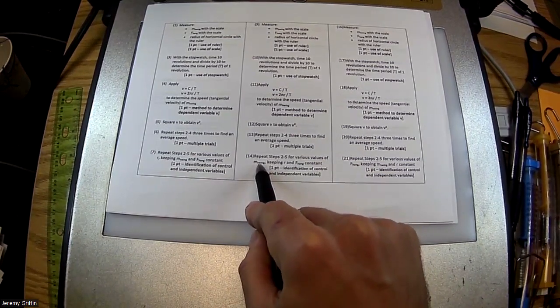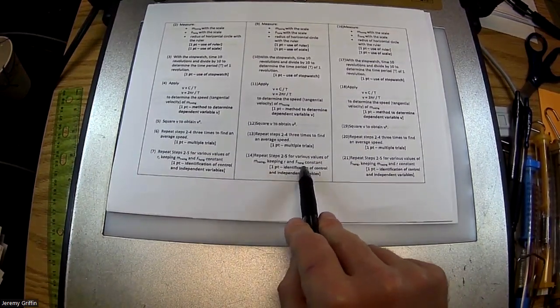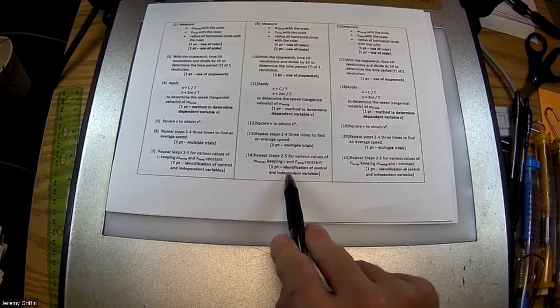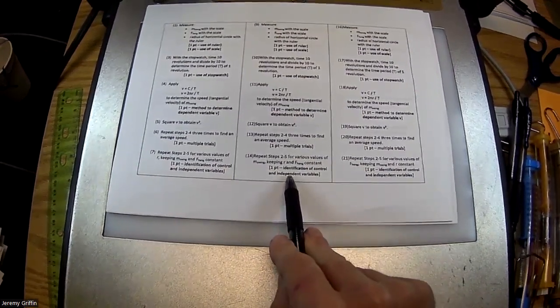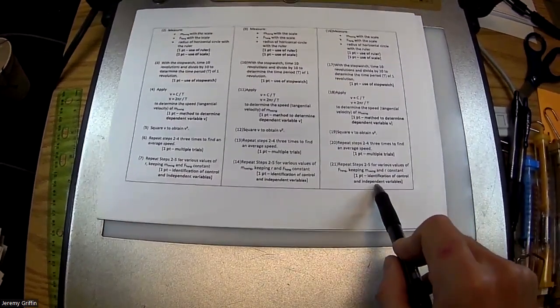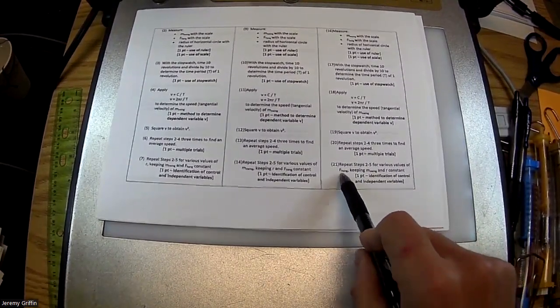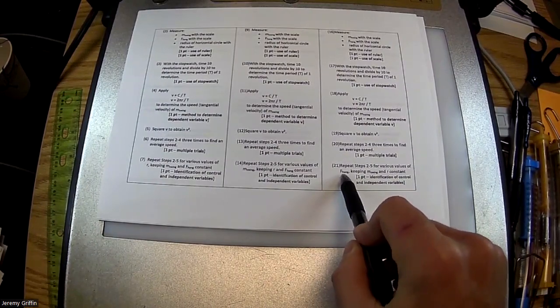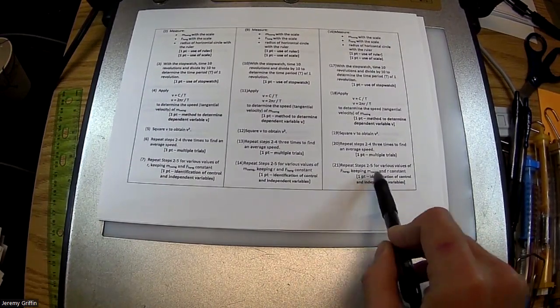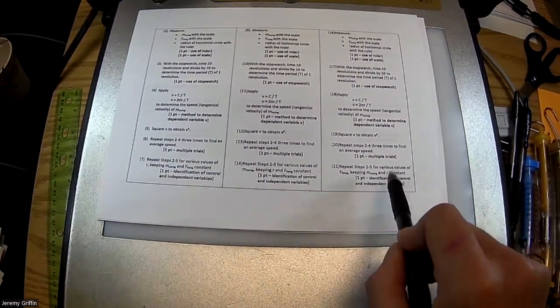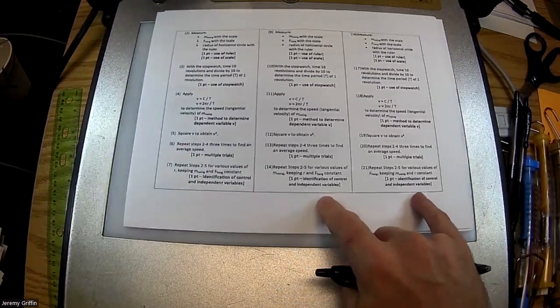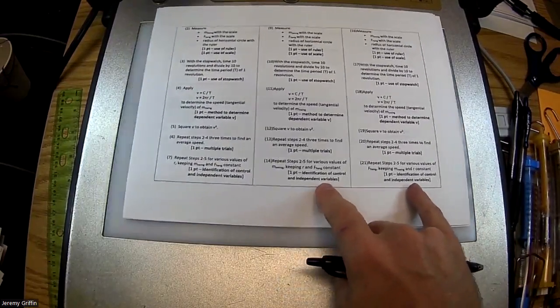There's your independent variable, keeping the radius and the hanging weight constant. So you're identifying your independent variable and your controls. If you had the diamonds, you were repeating those steps for various values of the hanging weight. There's your independent variable, the hanging weight, keeping the swing mass and the radius constant. There are your controls. Again, a point for identifying the independent variable and the controls.